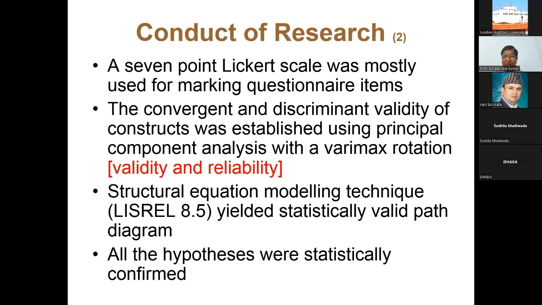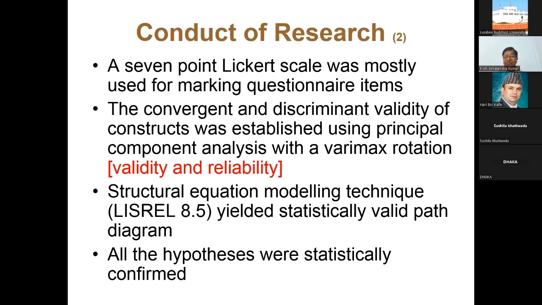Again, a 7-point Likert scale was used for making questionnaire items. The convergent and discriminant validity of the constructs was established using principal component analysis with Varimax rotation. So here, validity and reliability. A structural equation modeling technique, LISREL 8.5, yielded a statistically valid path diagram.